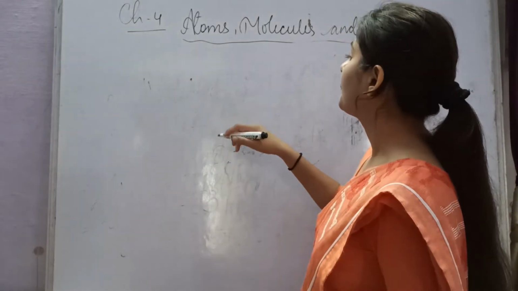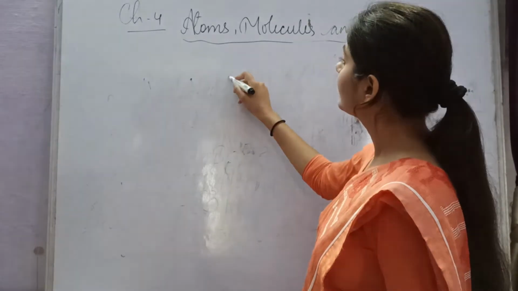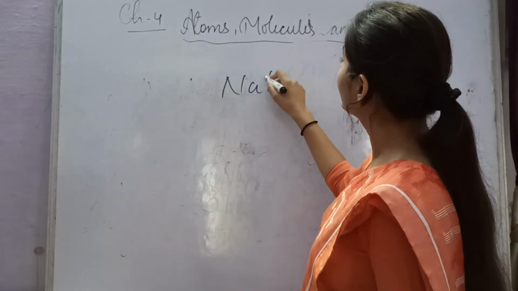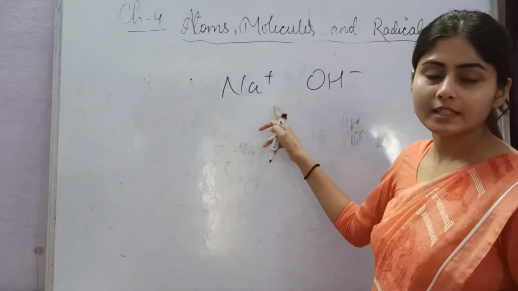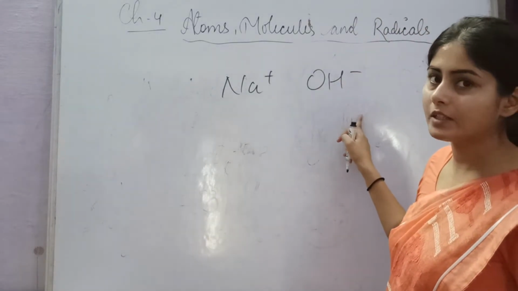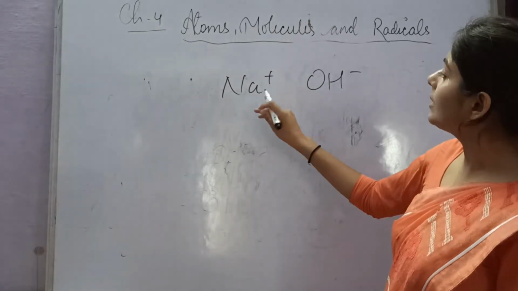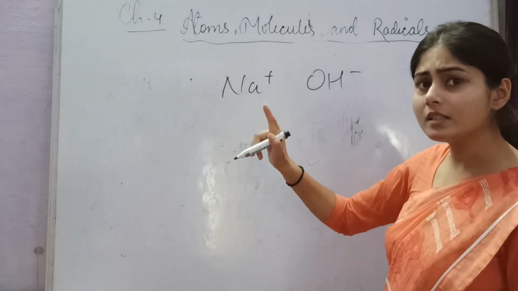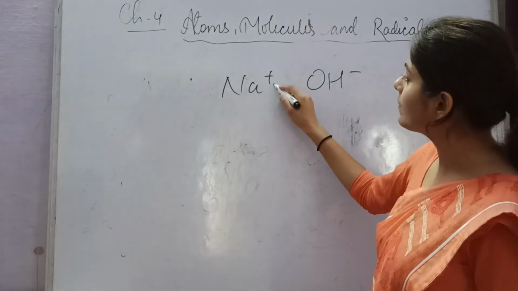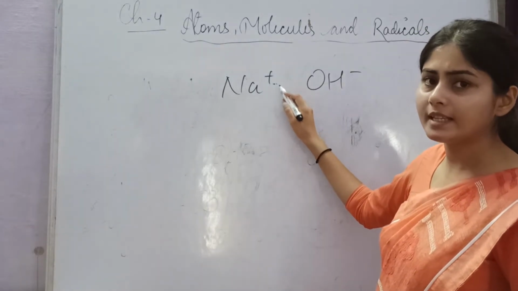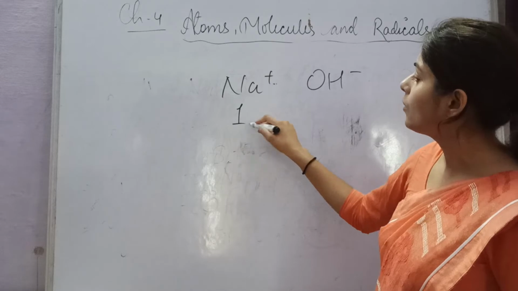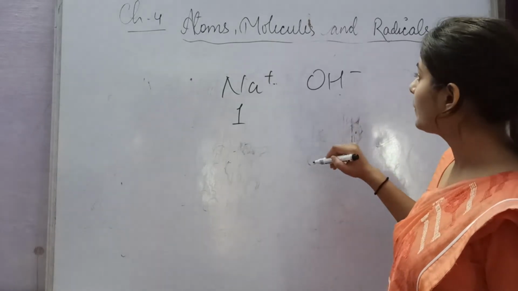So let's see the first one, like Na+ and OH-. A positively charged and a negatively charged radical I have taken here. Now, tell me the valency of this sodium. That is 1, because it is having one positive charge. So you have to ignore the plus sign here. Then come to OH-.